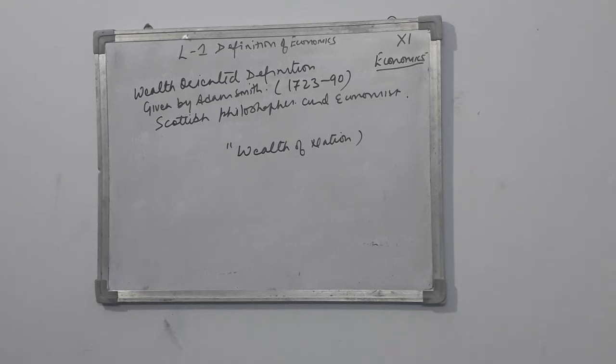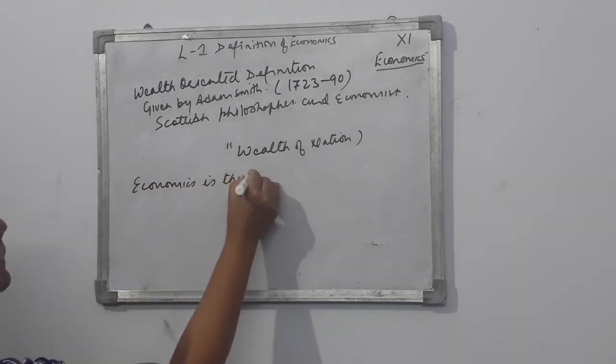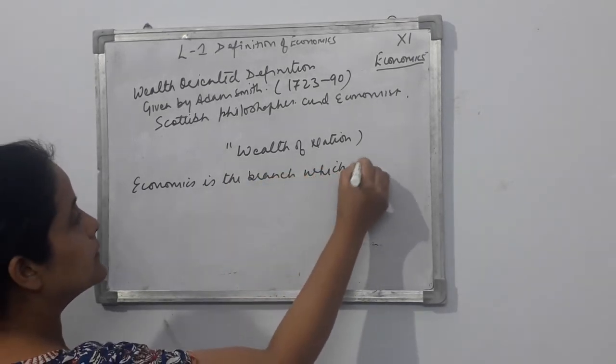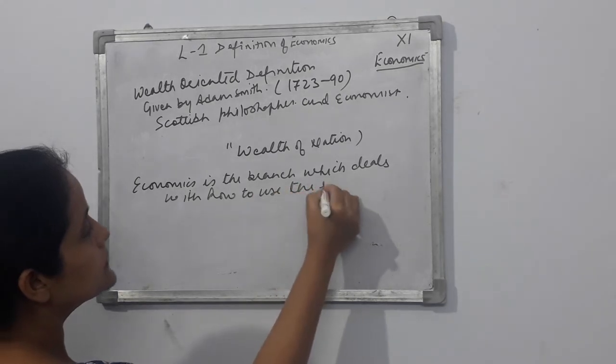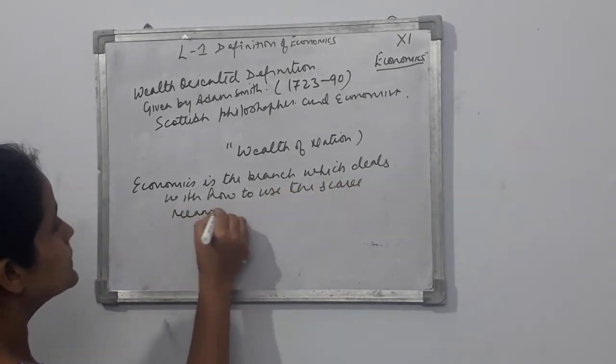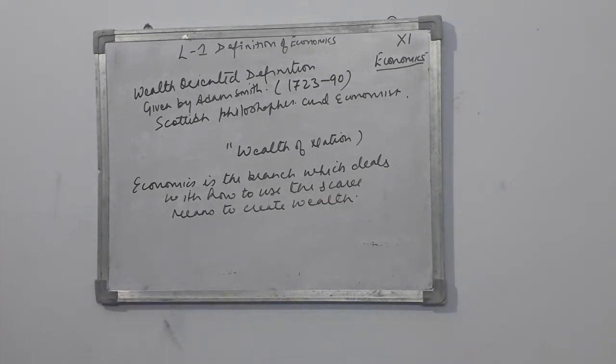According to him, economics is a science which, what does Adam Smith say in his wealth definition is this: that how to use the scarce means to create wealth. He said that how to use resources which create what? Wealth.